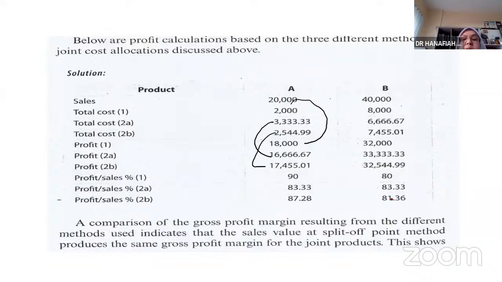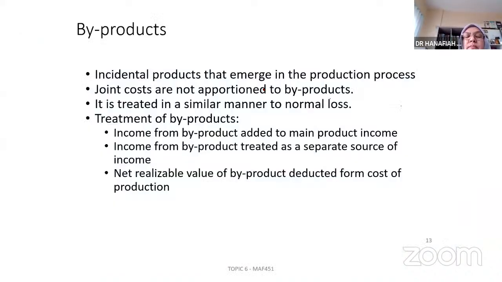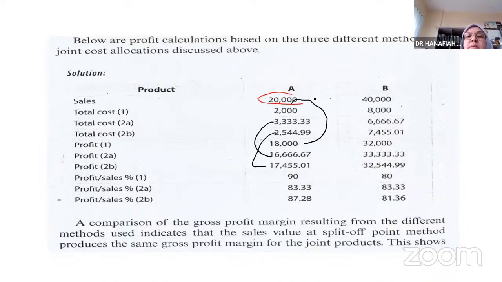Let us look here how we derive to the revenue or profit. So from sales 20,000 and 40,000. If you use technique 1, which is physical method, 20 minus 2,000, you will get 18,000.